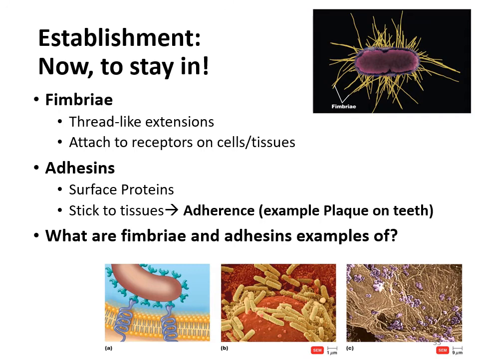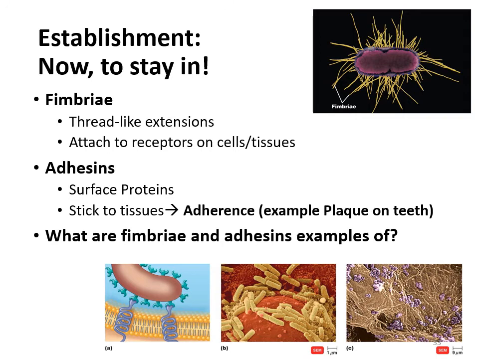So we kind of touched upon some of the structures that certain bacteria or microbes have that help them to stay in. Okay, so we mentioned fimbriae, which are these hair-like extensions here, which help them to stick to things such as your cells or tissues. A lot of bacteria also have what's called adhesins.